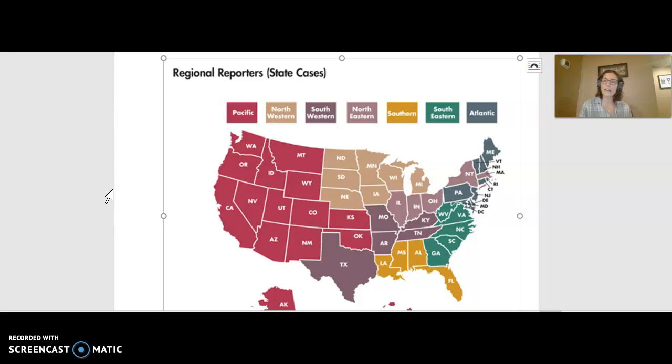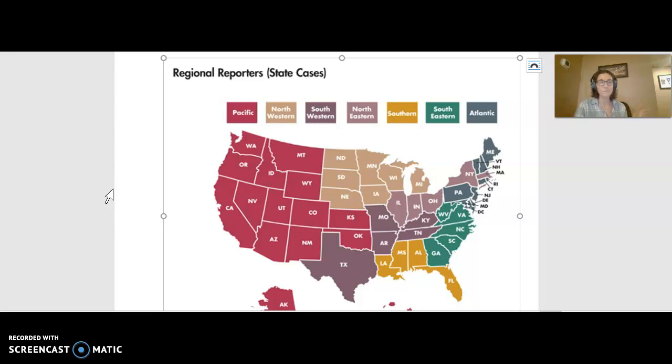And the way cases come out by reporters is that reporters are published in chronological order. So let that sink in for a second. What that means is as a case comes out, it goes into a book. And when the book gets too thick, we go into the next book and we keep just publishing cases in chronological order.